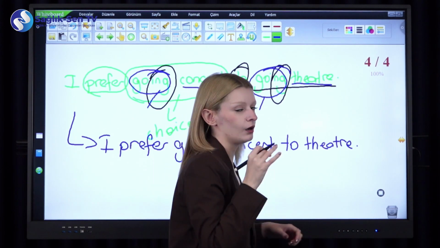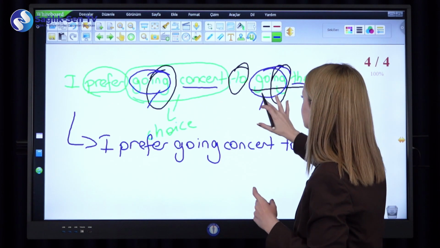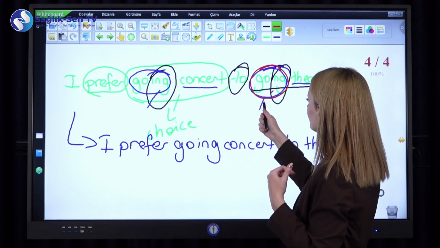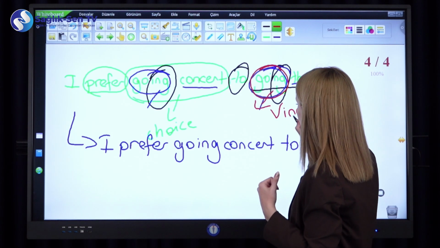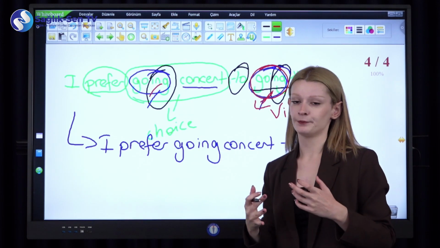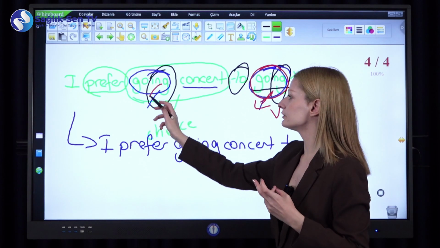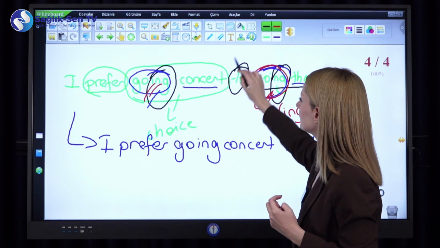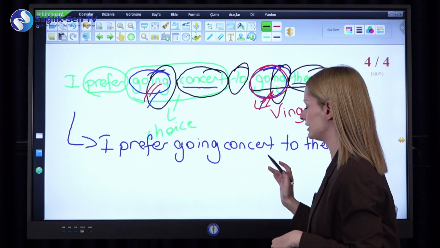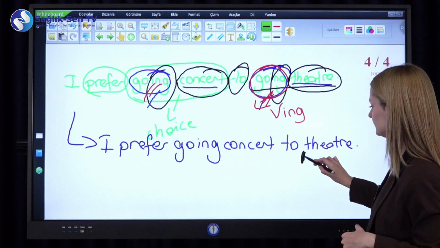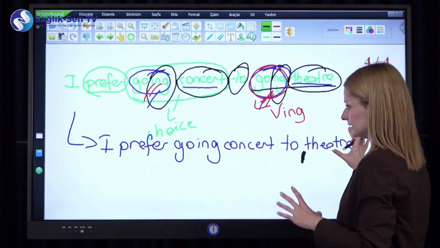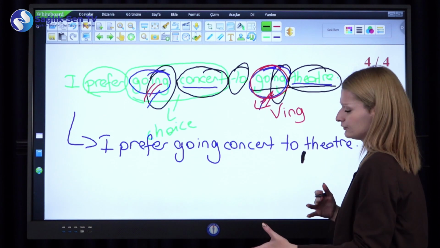I omitted, I reduced the second verb ing, because I don't have to use the same verb again, because I'm not comparing the verbs, instead I'm comparing objects. The verb ing is the same, so I omitted the verb ing from the second choice. This is way more practical.